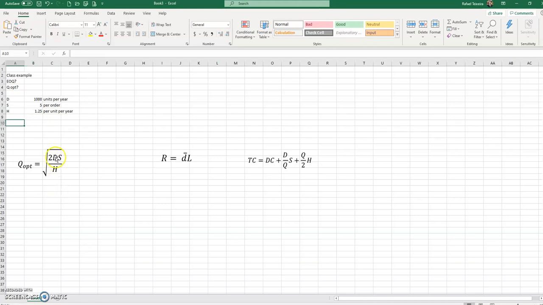Let's solve first for the numerator within the square root.